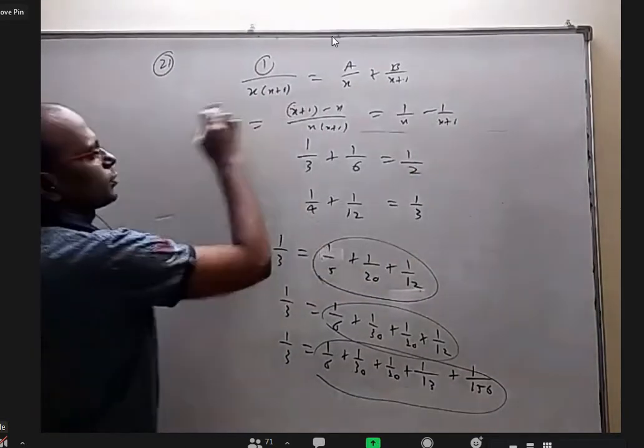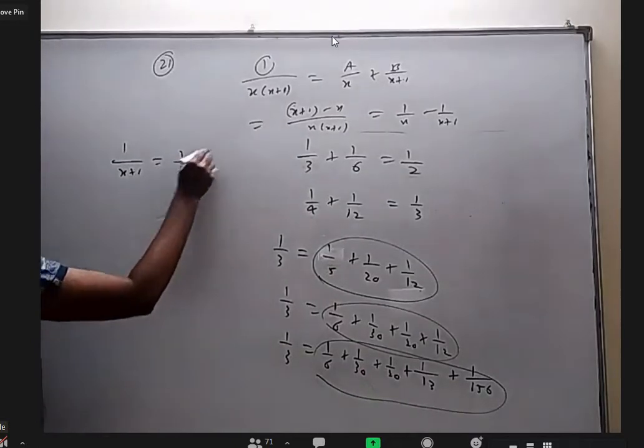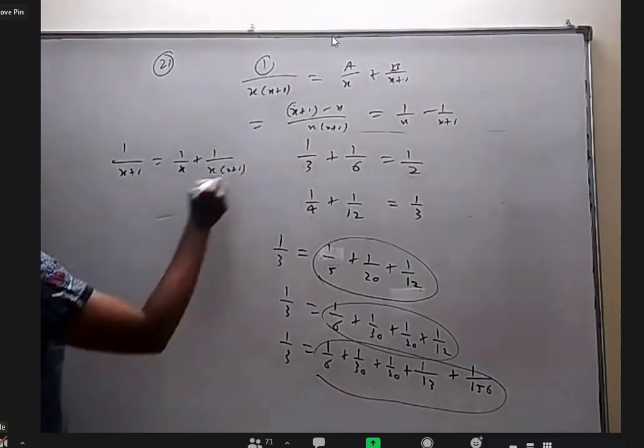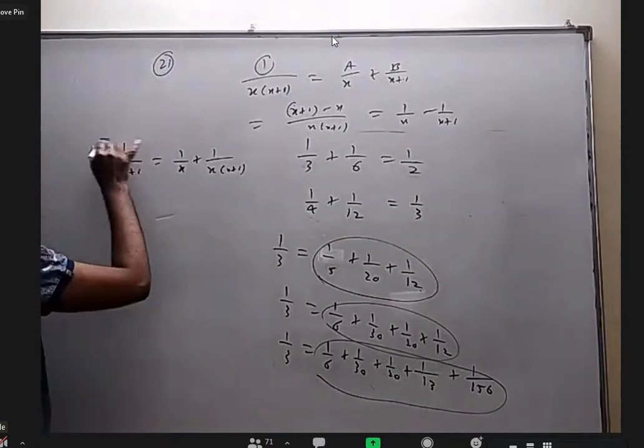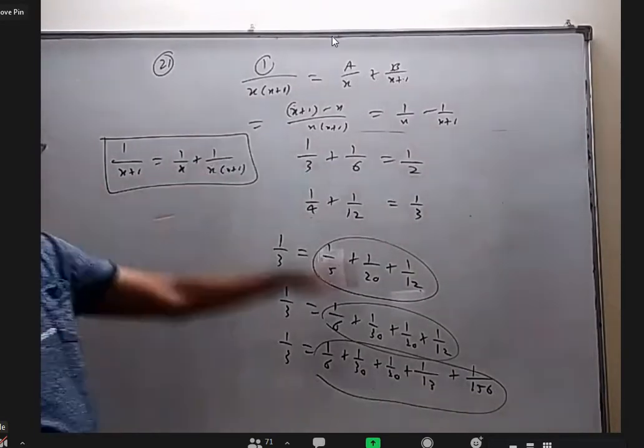Bring the 1 by x plus 1 to this side and you get 1 by x plus 1 is equal to 1 by x minus 1 by x into x plus 1. This is a standard result that we use to create all these types of questions.